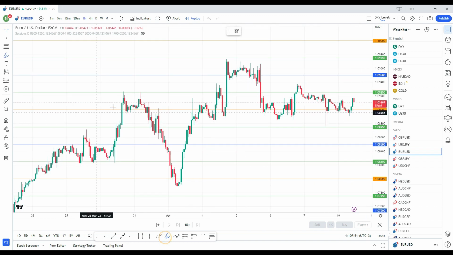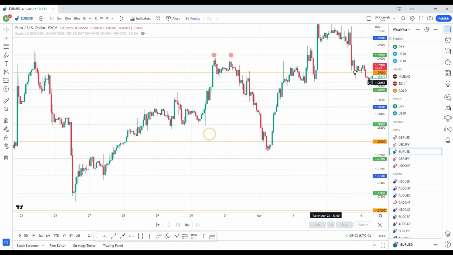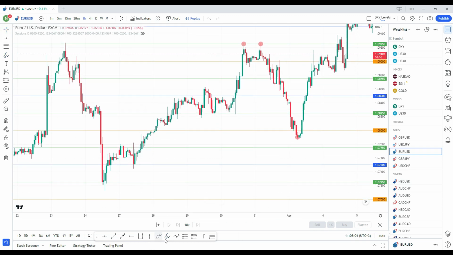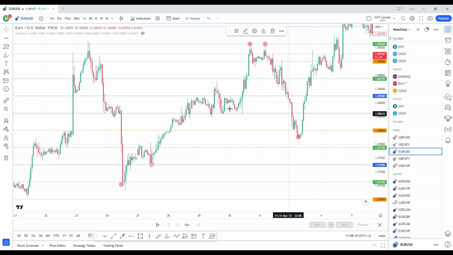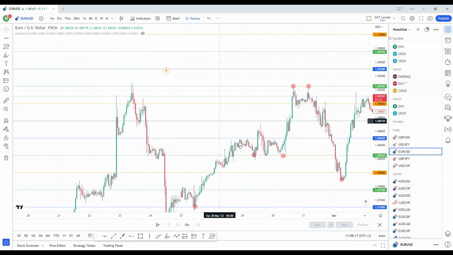If you check these zones, whichever zone you choose, they represent strong support and resistance. So you can use them with any strategy you have. They form support and resistance.